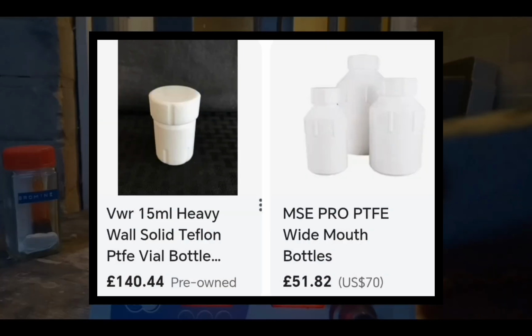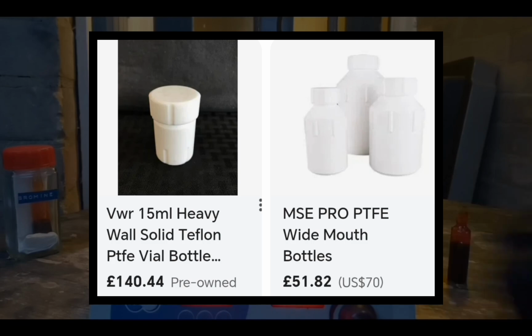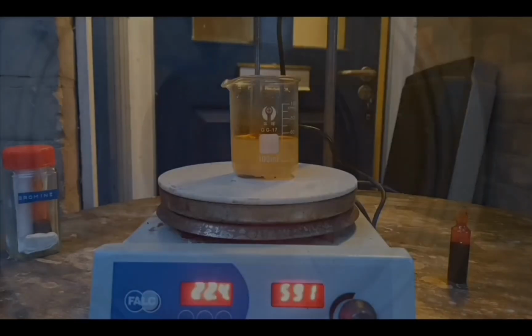Chemists like to use ampules to contain this unless they have Teflon sealed bottles. However, these are not cheap, as you can see.